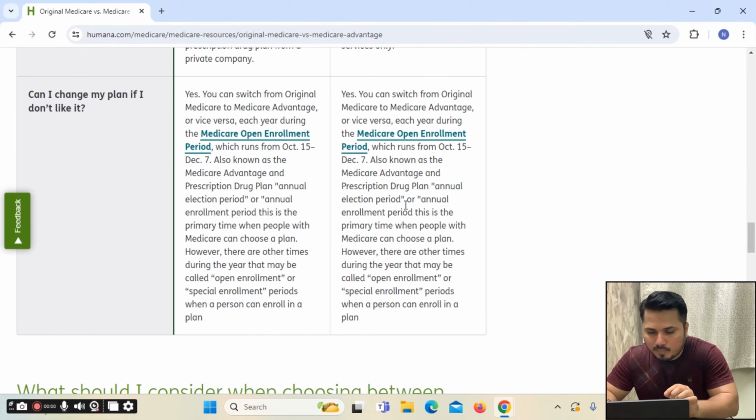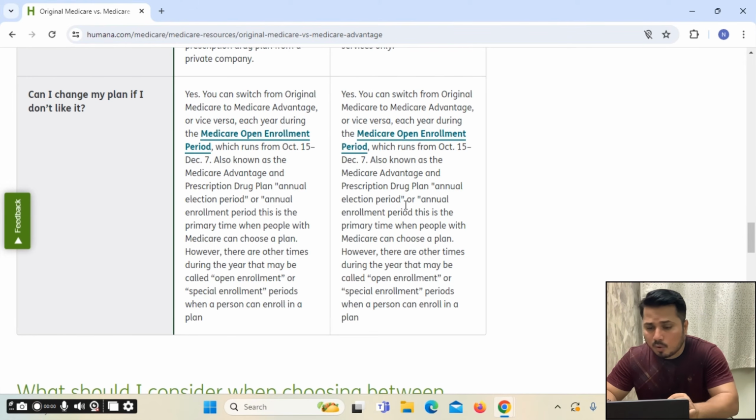This is the primary time when people with Medicare can choose a plan. However, there are other times during the year that may be called open enrollment or special enrollment period when a person can enroll in a plan.